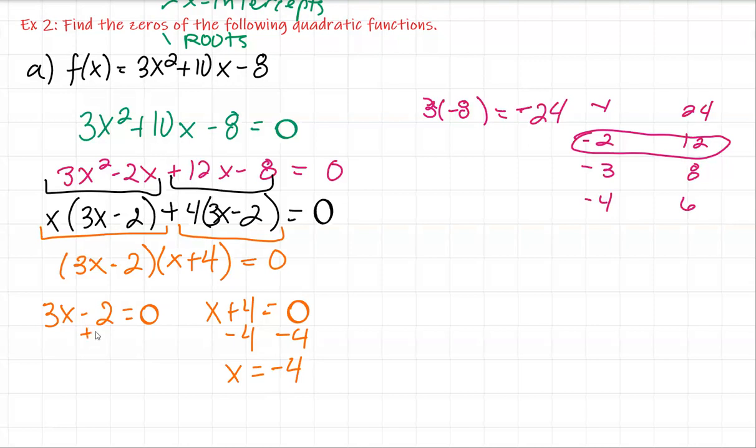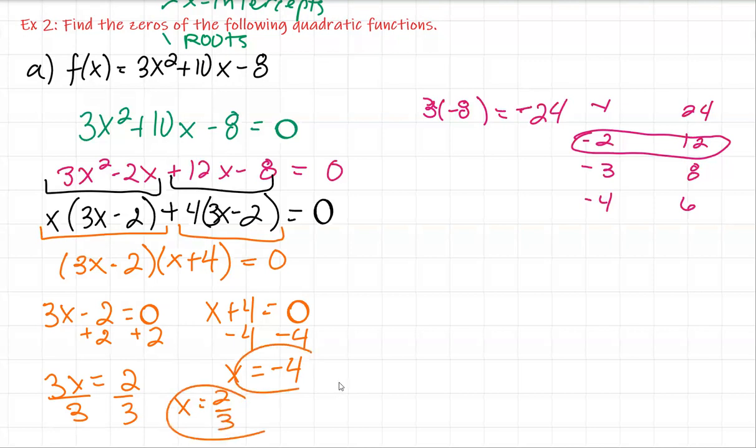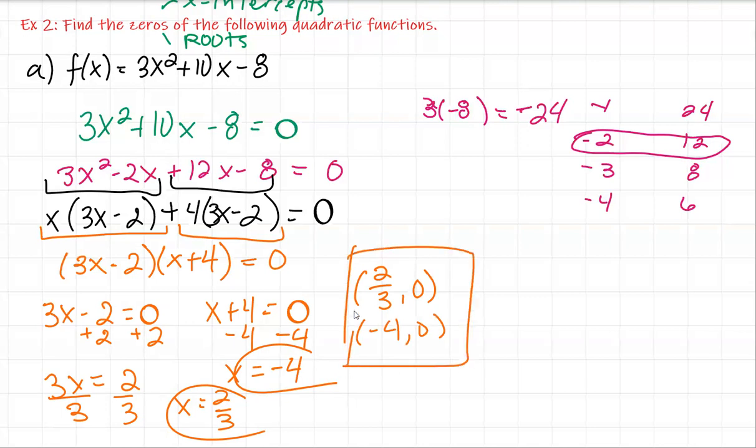Let's add over our 2. 3x equals 2. We have to now divide by 3. So x is equal to 2/3. So those are our x-intercepts, 2/3 and negative 4, as ordered pairs: (2/3, 0) and (negative 4, 0) are our x-intercepts for this quadratic function.